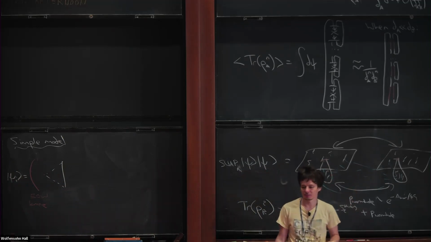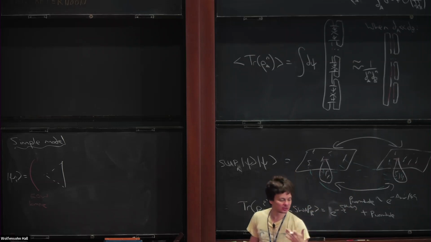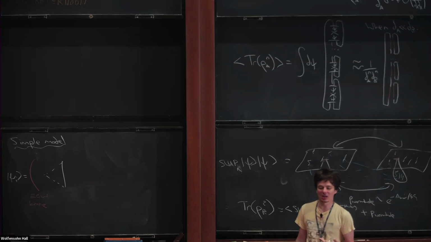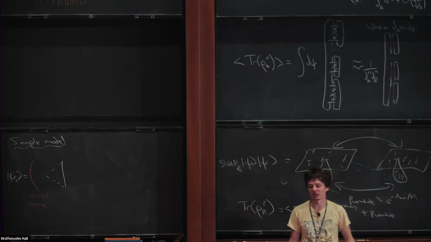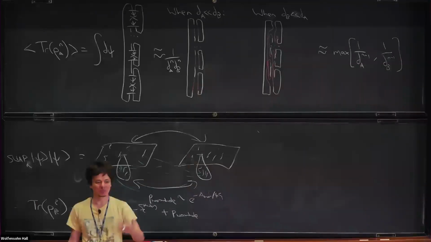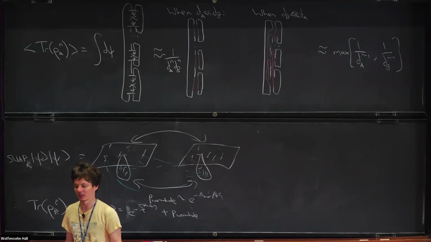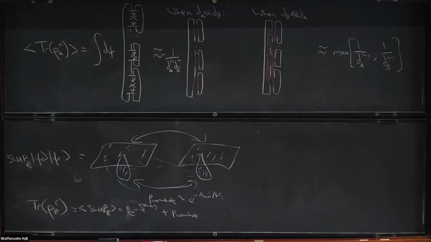So this is my very simple model of the black hole with its interior mode sitting in some particular pure state. But the interesting thing that happened in the heuristic picture of an actual evaporating black hole came about when we took those interior states and entangled them with something outside the black hole, in particular when we created so much entanglement that it was bigger than the entropy of the black hole. So let's do that.